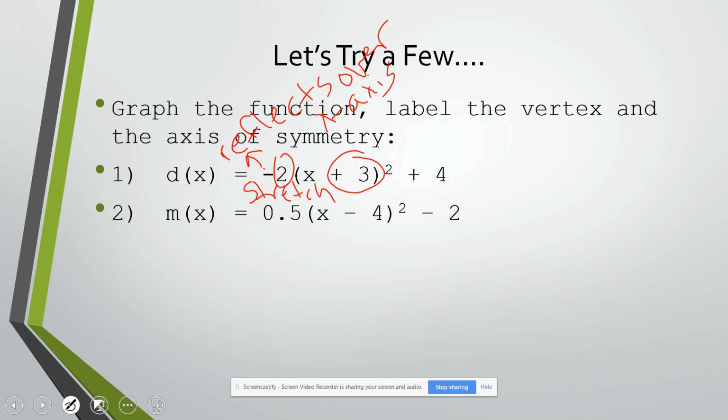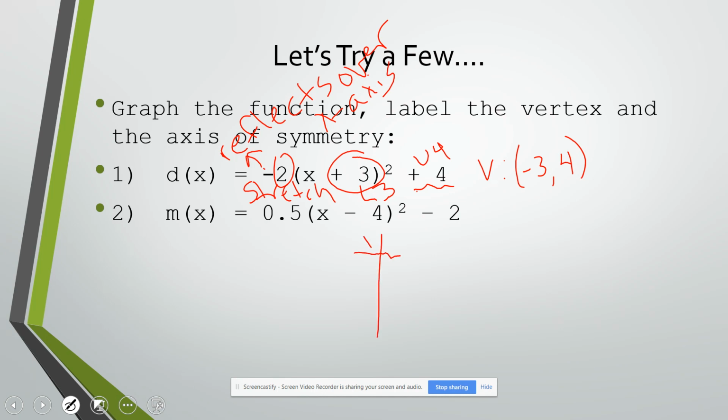The +3 is left 3 because our x's are liars. And the +4 is up 4. We also know from our last lesson that the left 3, up 4 means that our vertex is at -3, +4.